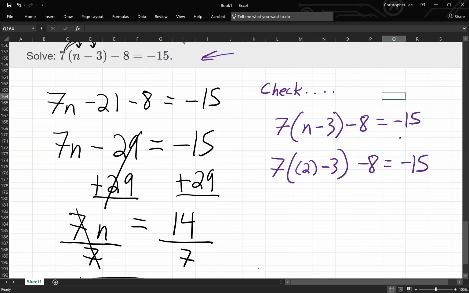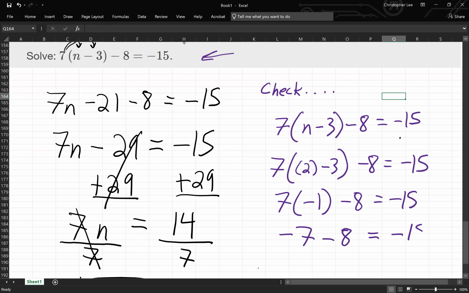So what is it? -1, right? 2 minus 3, -1. So this becomes what? 7 times -1 minus 8 is equal to negative 15. What should I do after that? Exactly, right? So now I have -7 minus 8 is equal to negative 15.